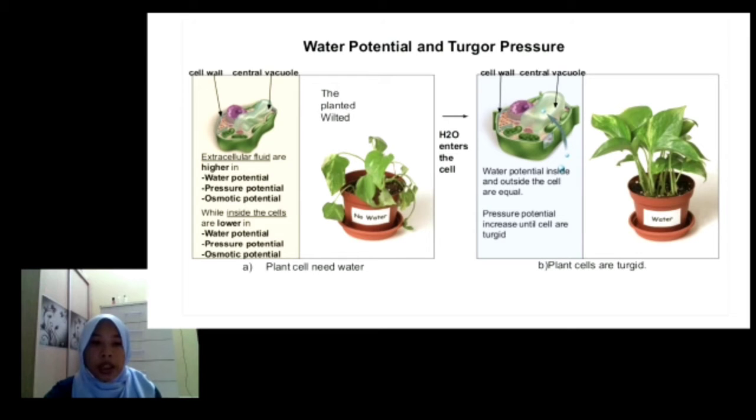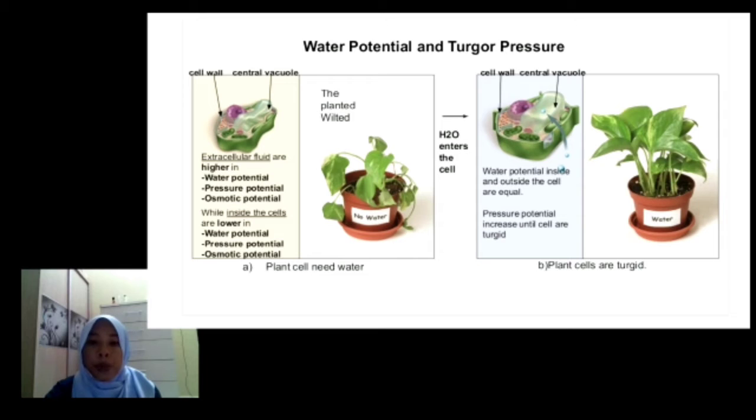When the outside fluid is higher, the water inside the cell will tend to move out, because the inside of the cell is lower in water potential, pressure potential and osmotic potential. Because the water moves out of the cell, the cell will be wilted.